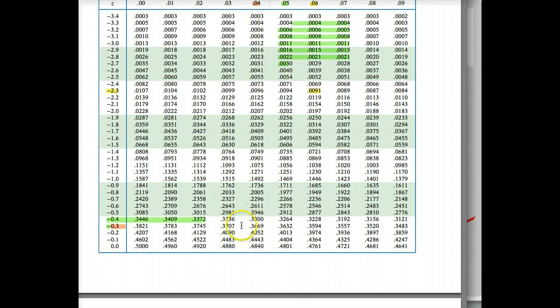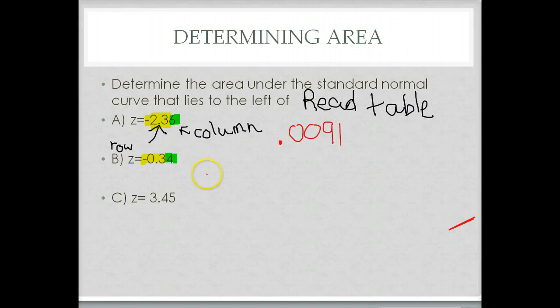There's the 4 column, and I want to see where the two of those meet. 0.3669, so that is the area to the left.